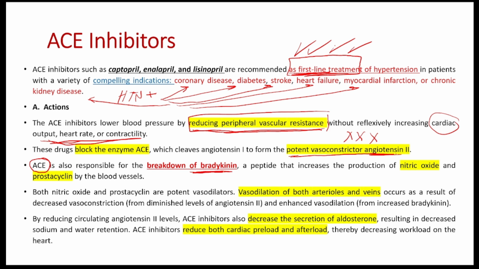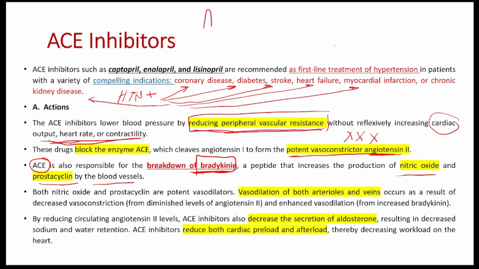Bradykinin is a mediator important to induce vasodilation. So ACE breaks down bradykinin, and bradykinin induces nitric oxide and prostacyclin and causes vasodilation. That's great. So now we have the mechanism of how this medication works.